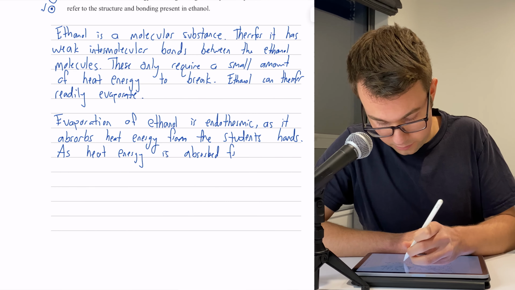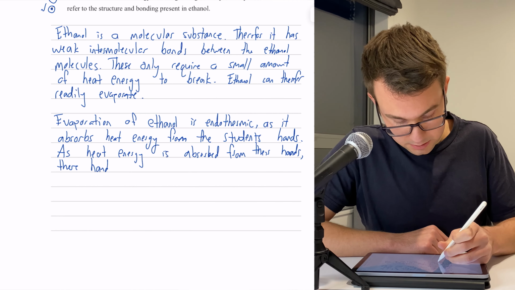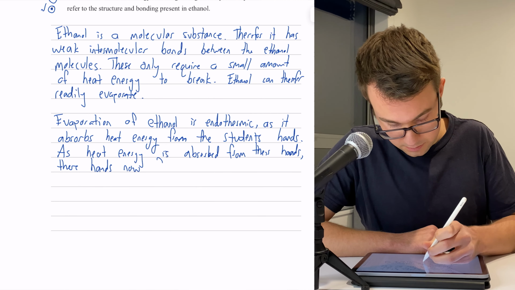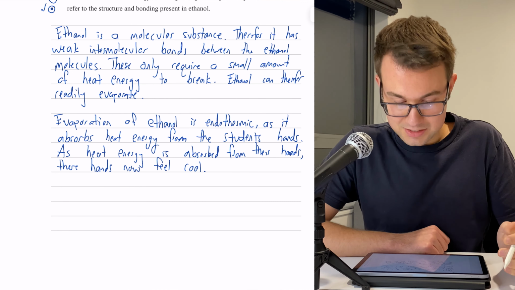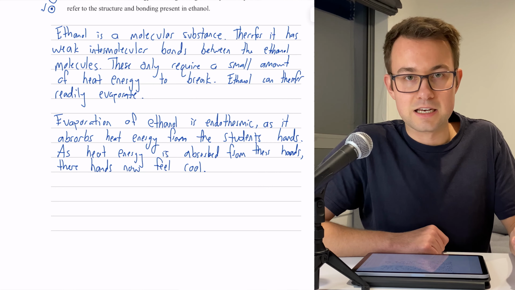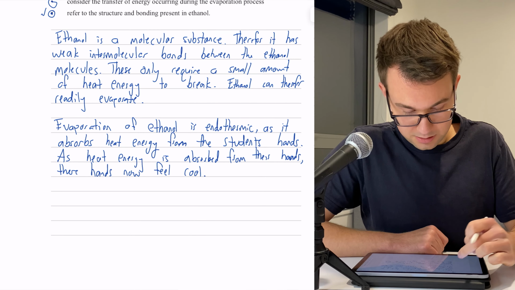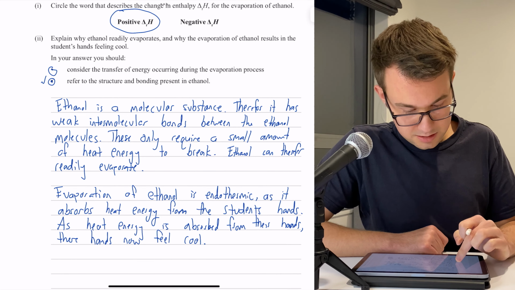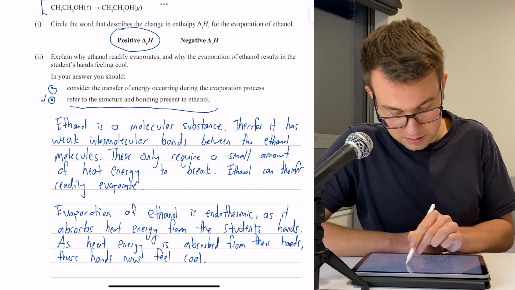Cool. Okay. And now we can say as heat energy is absorbed from their hands, their hands now feel cool. Yes, because it's taken away some of that heat energy from the students' hands, and now they're feeling colder than before. Okay, I'm pretty happy with that. Let's just check. Did we refer to the structure and bonding in ethanol?